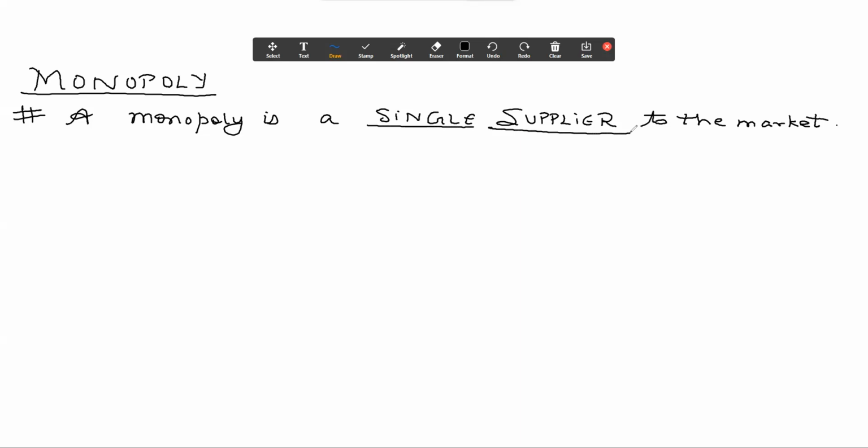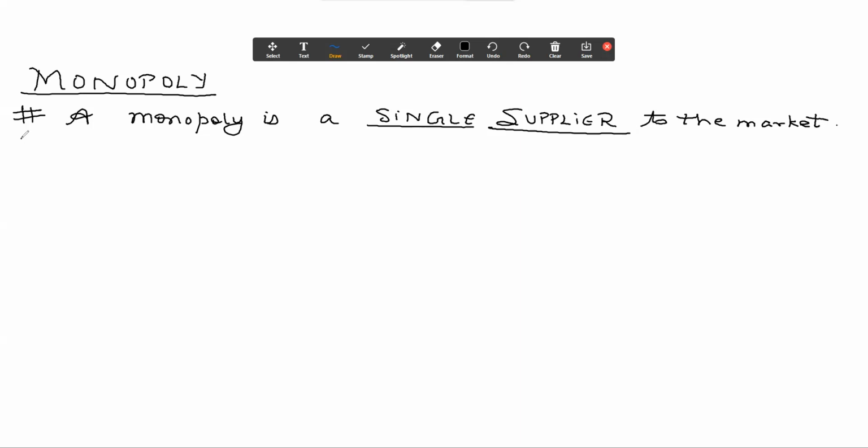When we talk about a monopoly, there is only one firm supplying the commodity to the market. The firm is the industry itself, and the industry is the firm itself. That is, in case of monopoly, there is no difference between the firm and the industry.